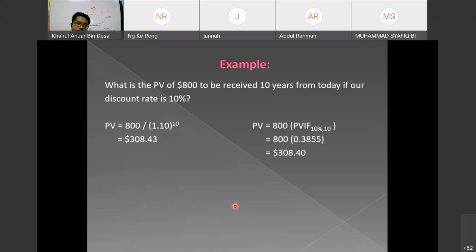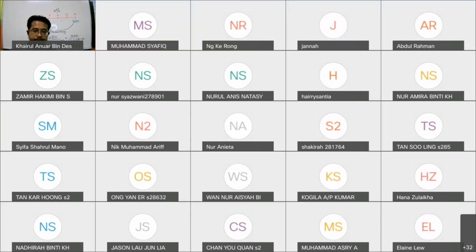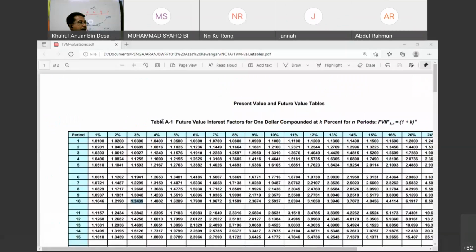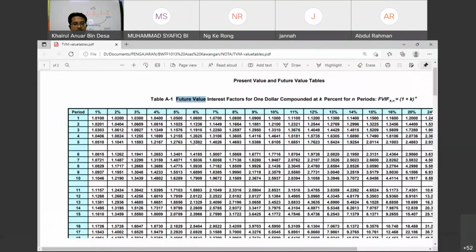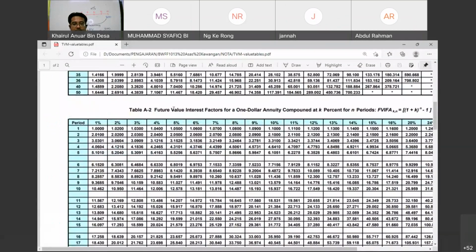Now I want to show you how to use the present value table. Okay, jangan salah menggunakan table. This is the future value. Number 2, normally future value annuity. Annuity kita tak lihat lagi.